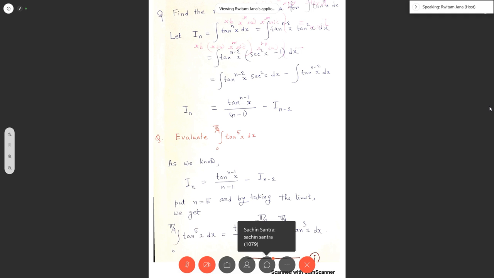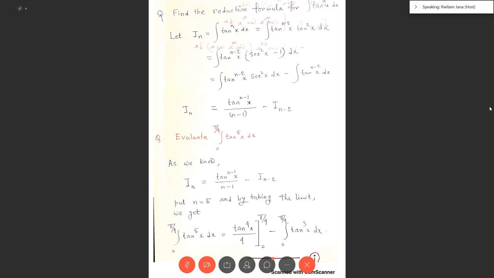and you already know the reduction formula that I have derived already: I_n is equal to tan to the power n minus 1 x divided by n minus 1, minus I suffix n minus 2. Now, as you have to find the value of tan to the power 5x, first you put n equals to 5, and you take the limit 0 to pi by 4 upon I_n.